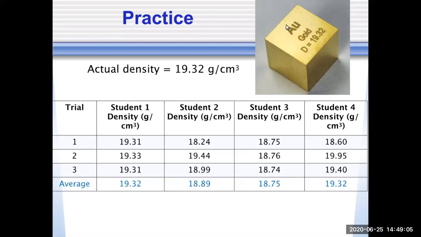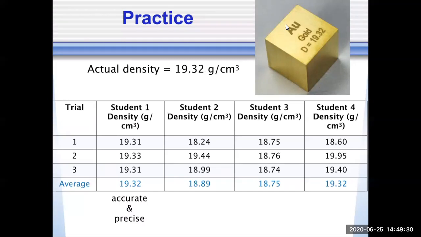So let's take a look at student number 1. We see for student number 1, we have these 3 measurements, and they're all very close to each other. The average of those 3 measurements is exactly what is expected for the density of gold. And so we would say this is accurate and precise.